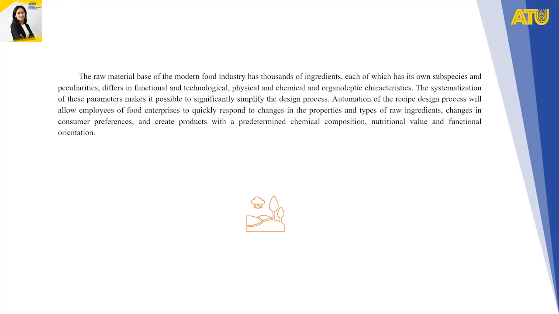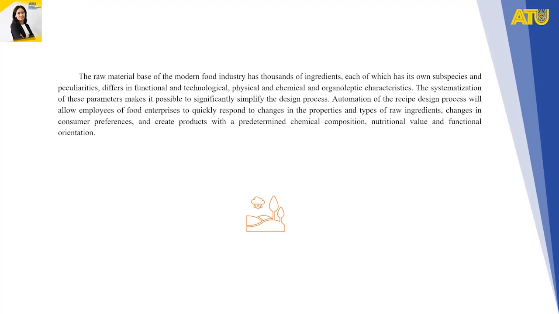An optimal solution to this problem in the design of food products can be achieved with the help of formalized mathematical descriptions, mathematical models that reflect in analytical form many functional relationships between the technological, economic, and other parameters of raw ingredients, the required characteristics of finished products, and a number of restrictions arising from the requirements of regulatory documentation.